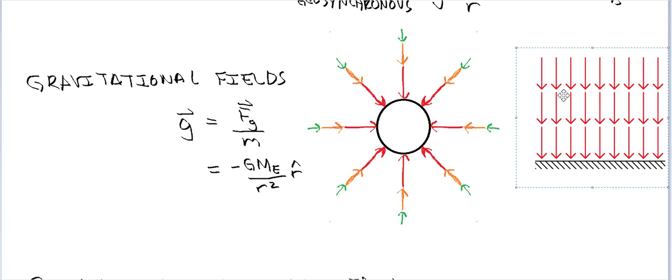Because our lab isn't tall enough to notice any substantive difference in the magnitude of little g, and our lab isn't wide enough to notice any substantive difference in the direction of little g. Our lab would have to be wide enough to actually account for this curvature of the Earth for us to be able to not have all of these field lines pointing straight down in parallel to one another.